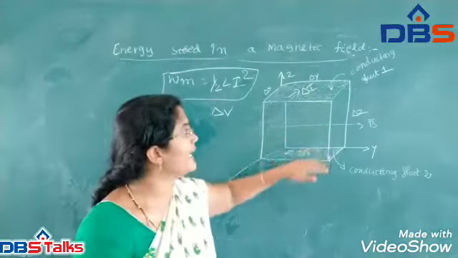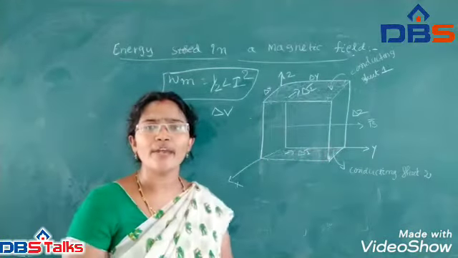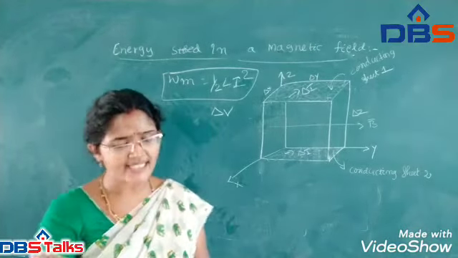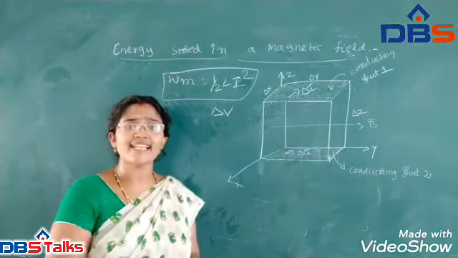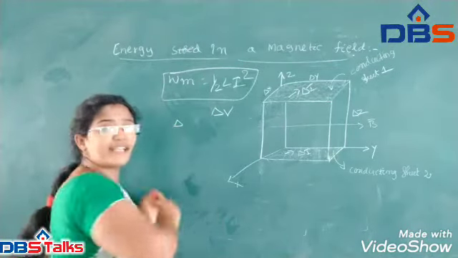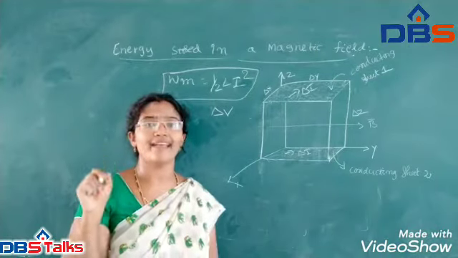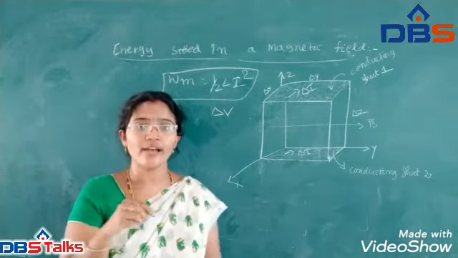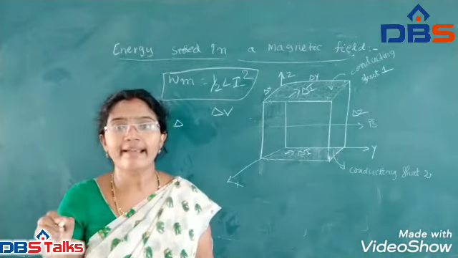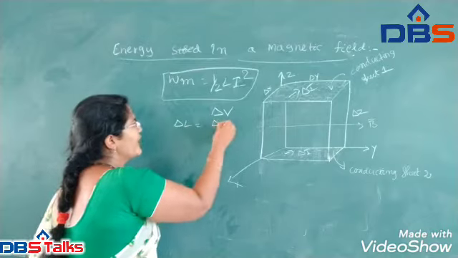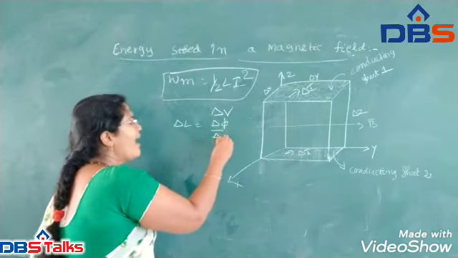First, write the differential inductance in terms of flux linkages and current. L equal to phi by I, where phi is the flux and I is the current. For the differential inductance, delta L equal to delta phi by delta I.